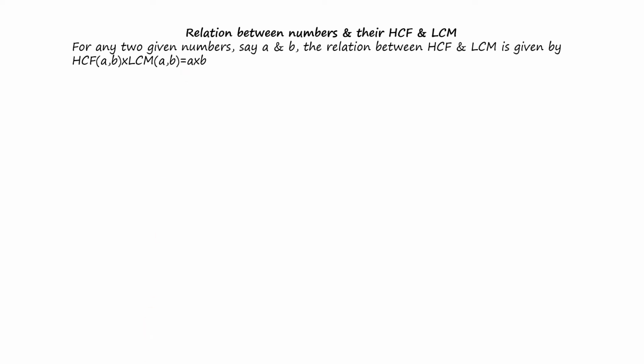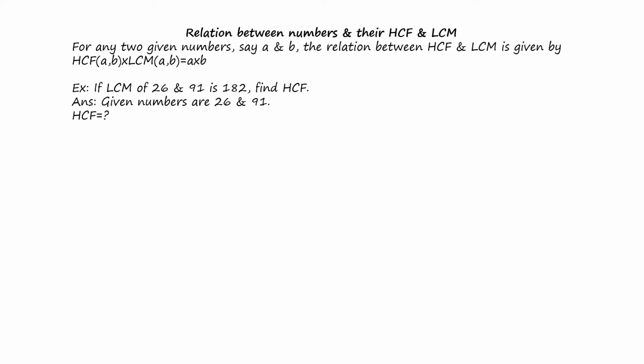Let's see some examples. If LCM of 26 and 91 is 182, find HCF. So the given numbers are 26 and 91. We need to find out HCF, and the LCM is given as 182.